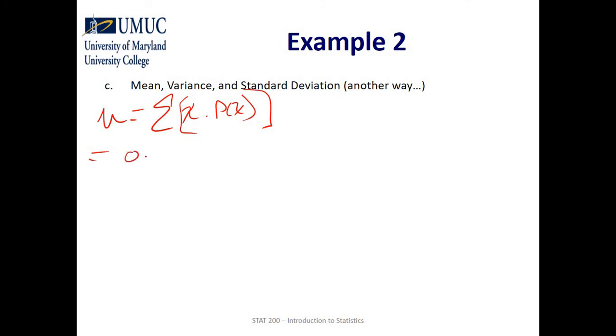So remember, we had 0, and the probability of getting 0 people with color blindness was 0.659.